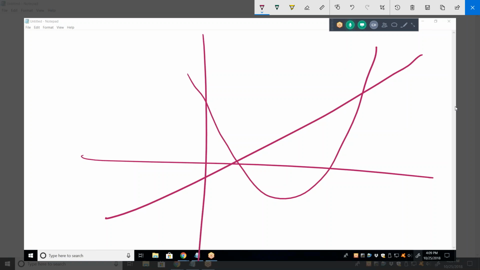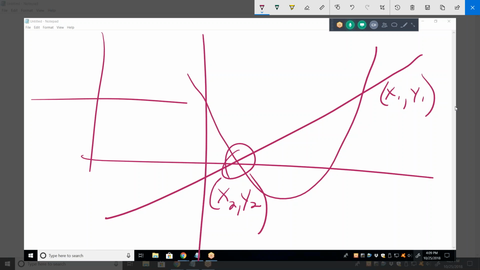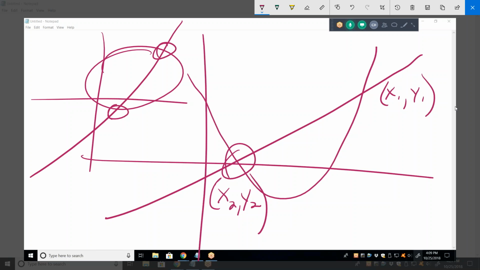And in these, you have two solutions. You have an x sub 1 and a y sub 1. And you also have this solution down there, which is x sub 2, y sub 2. So depending on the type of equations that you have a system of, depends on how many solutions you're going to have. If I give you a circle and a line, you're going to have two solutions, one right there and one right there, and both of them are going to have an x and a y coordinate.